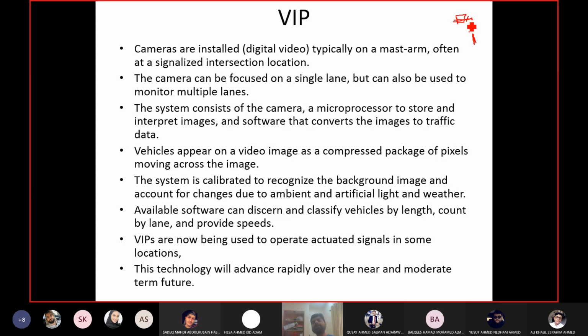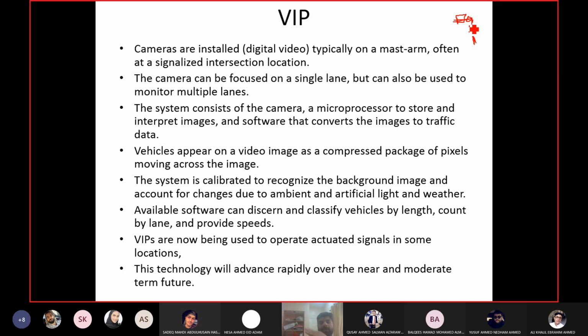Okay, so this is the best location for putting a video camera to capture the traffic, because the camera is looking at the traffic from the front, and it is on the top as well. So you're looking at traffic from top front, so it has minimum obstruction for the traffic, so the video will be clear.